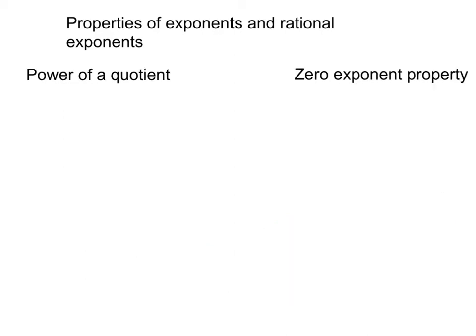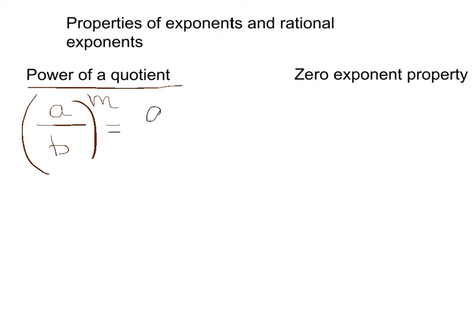The next one we're going to look at is power of a quotient. When raising a quotient to a power, raise both the numerator and the denominator. For example, if you have a over b, all raised to the power of m, you will get a to the power of m over b to the power of m.